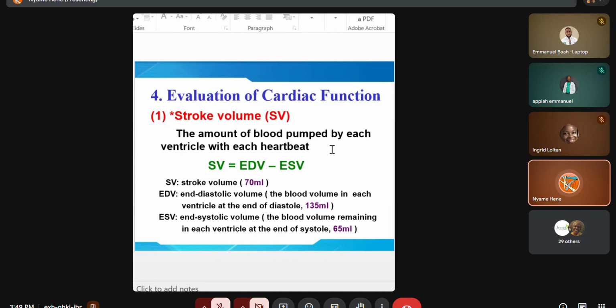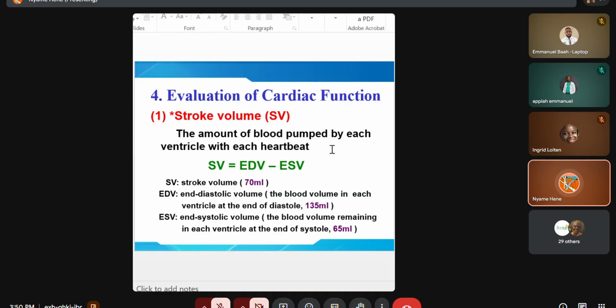When the bottle has not been squeezed, the whole bottle is the end diastolic volume. Please take note. I'm not going to be repeating plenty. Just be quiet and listen. When you open one bottle of water, the end diastolic volume is the bottle that has not been squeezed.